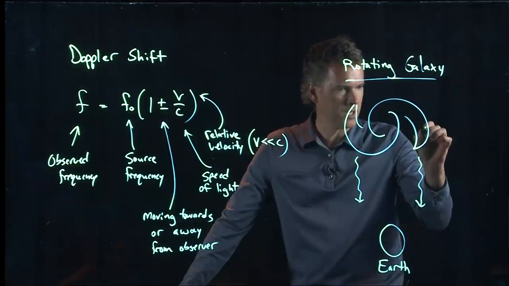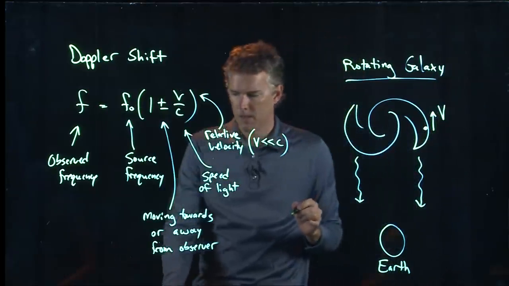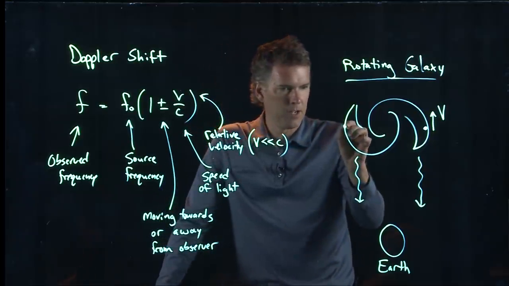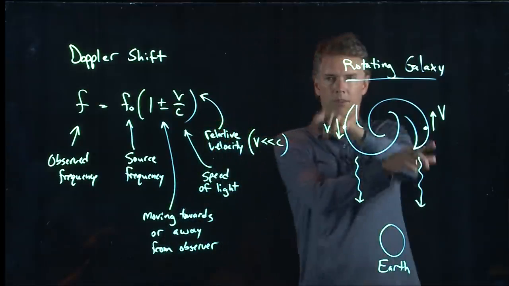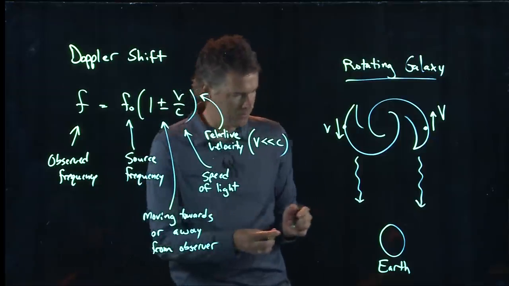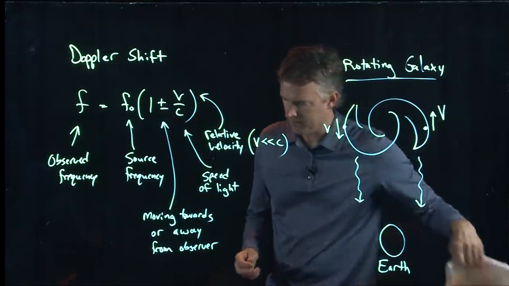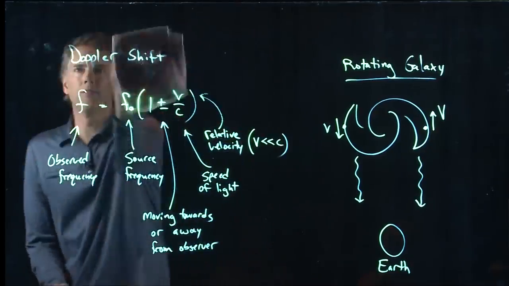So there is some point here which has some speed v. There's some point on the other side which has some speed v. And so the whole thing is spinning around like that. All right, let's see if we can calculate some stuff about this galaxy using the Doppler shift.